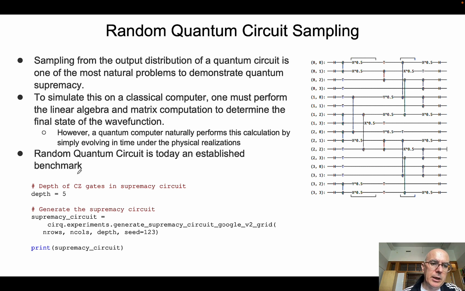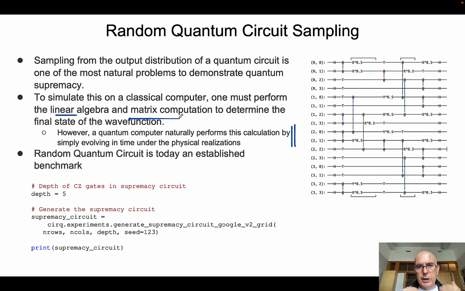To simulate this task on a classical computer, one must perform all the linear algebra and matrix computation to determine the final state of the wave function representing our quantum computing system. However, a quantum computer naturally performs these calculations by simply evolving in time the physical realization of the quantum gates. So it's something very easy for a quantum computer, but if you want to emulate the same operation, a classical computer will need a lot of linear algebra, matrix computation, and particularly a lot of memory.